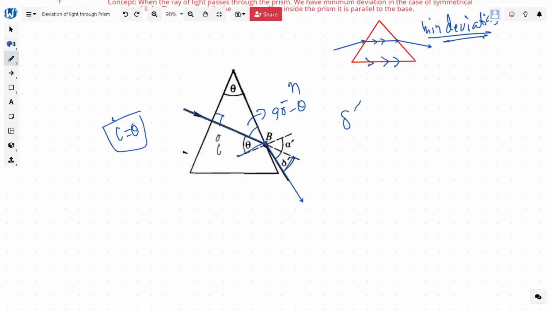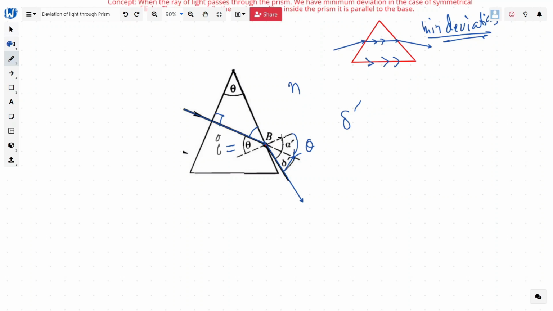As I said, a lot of problems in geometrical optics have two parts: you need to know the physics as well as geometry. This is basic geometry. We can prove that the angle of incidence i is equal to theta. So if this is theta, this thing here is also theta.